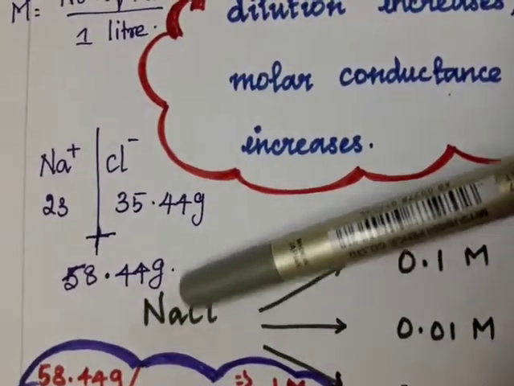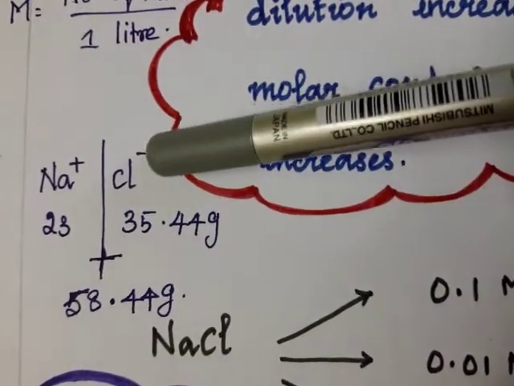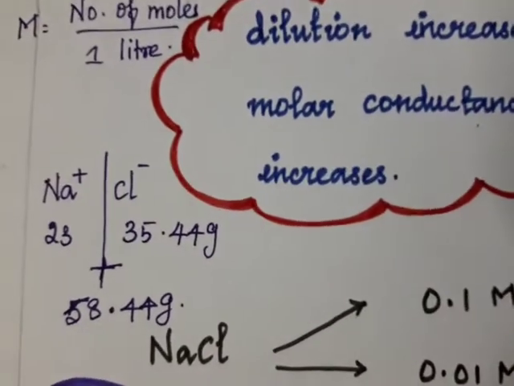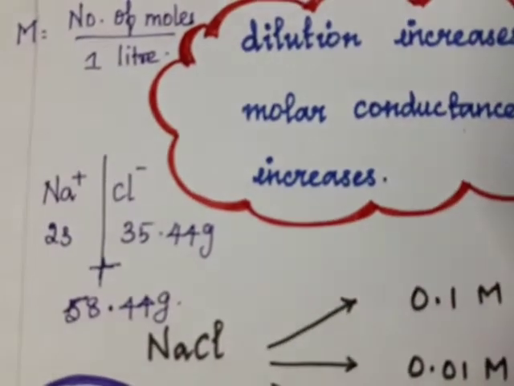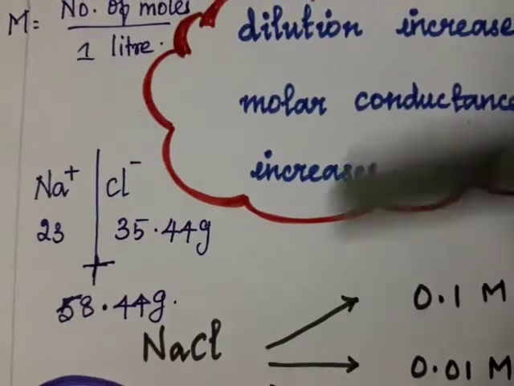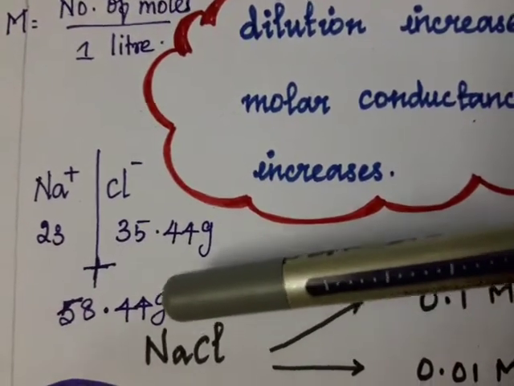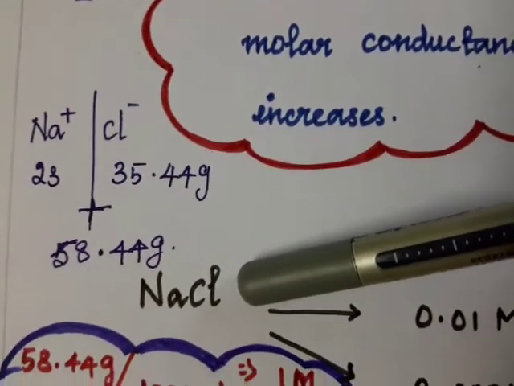You know how to calculate the molecular mass. The atomic mass of Na is 23 and the atomic mass of Cl is 35.44. Let me add these two. We will get 58.44 gram. 58.44 gram is the gram molecular mass of NaCl, right?